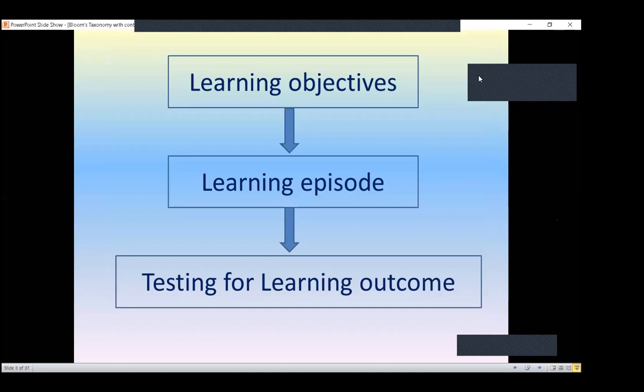Of course, nowadays the reverse method is also developing, where firstly the learning outcomes are decided, then depending upon that we design learning episodes, and at the end we come to the learning objectives. But right now, overall we are still using the pattern where we first design the objectives, then the episodes, and then the outcomes.